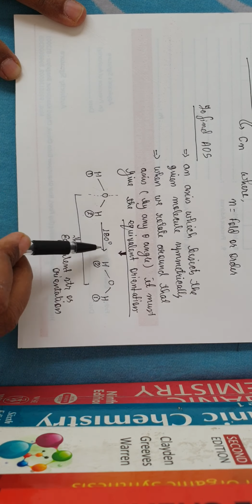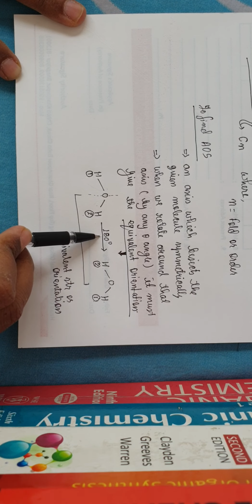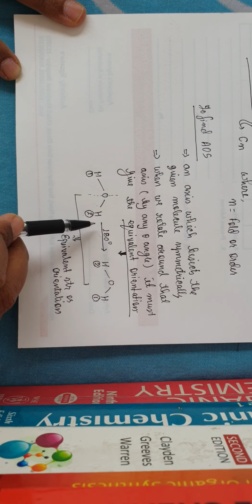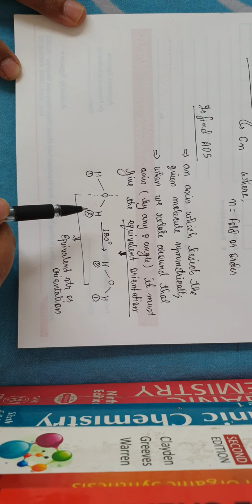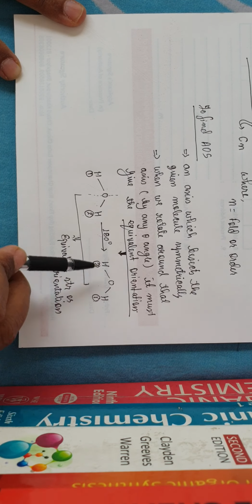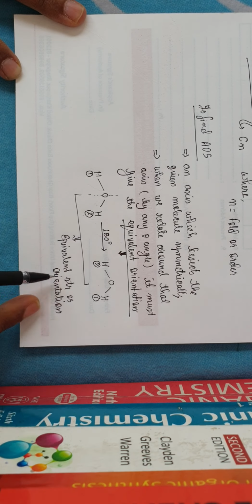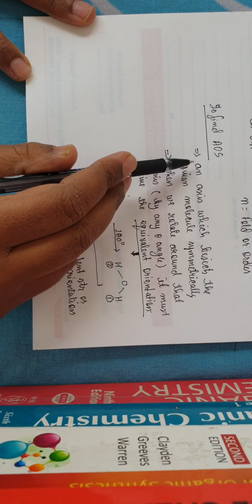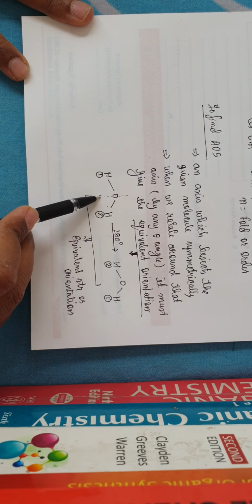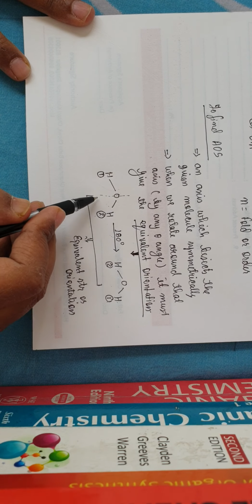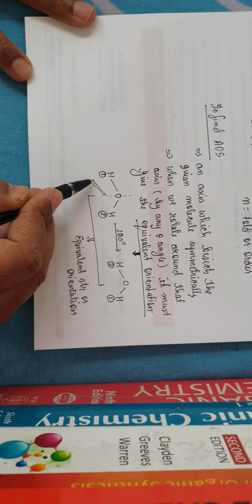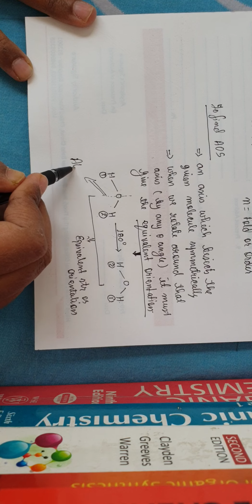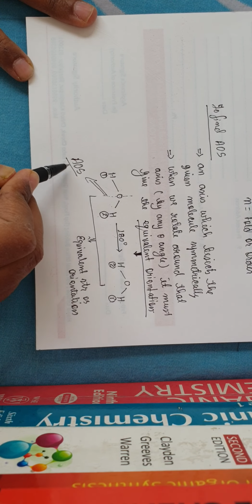If I rotate by 180 degrees, it can be any angle, but in the case of water I took 180 degrees, and this rotation gives the equivalent structure or orientation. It means both conditions are satisfied by this axis, so I can say this is an axis of symmetry. Is it clear?